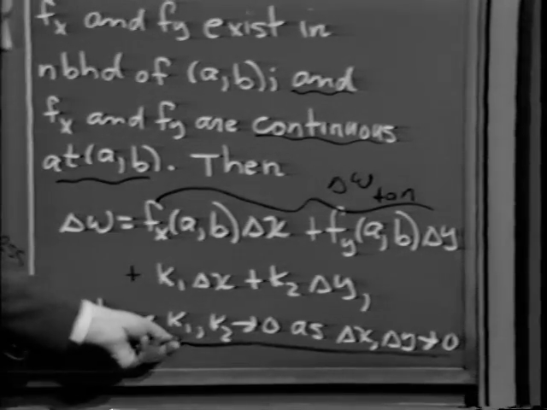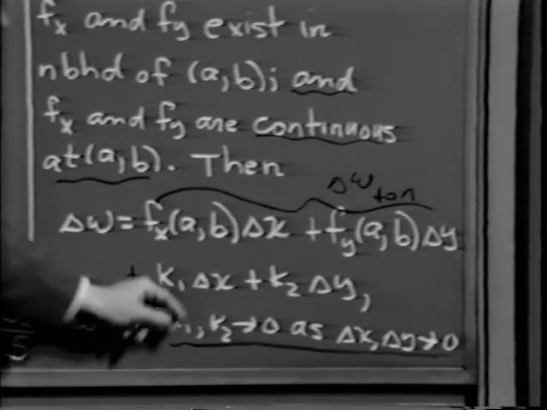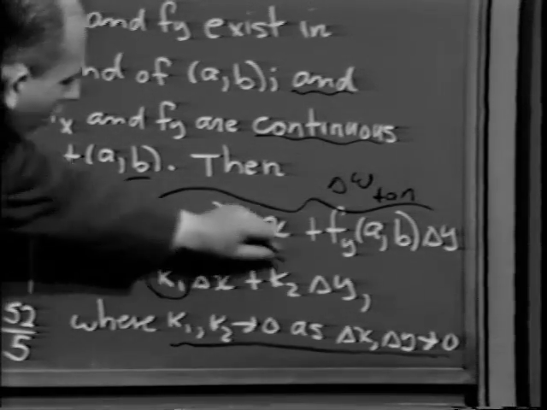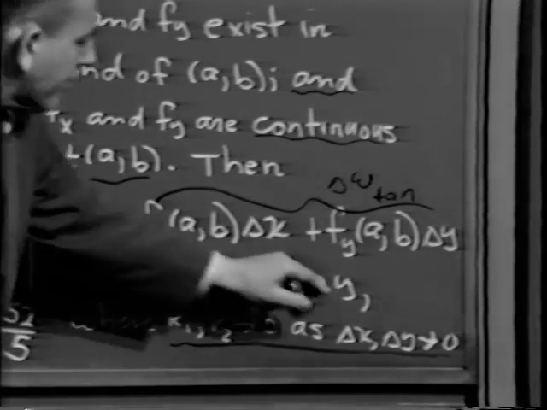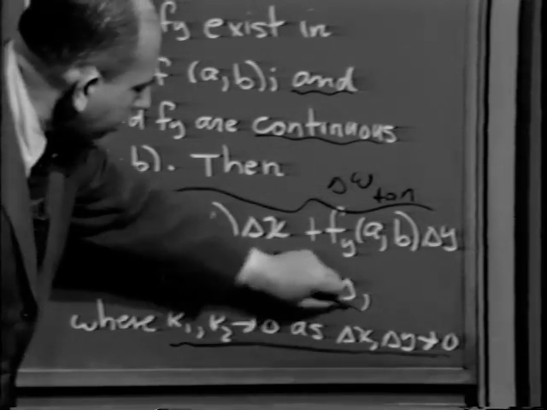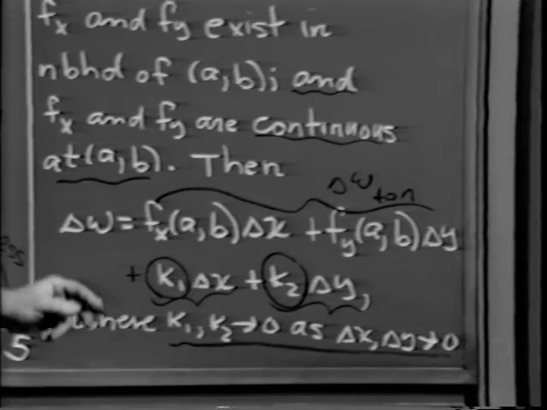And this is very, very crucial. It's not enough, as we're going to see in the very next lecture, that delta x and delta y approach 0. It's that these things go to 0 as delta x and delta y go to 0. Consequently, these terms go to 0 faster. They go to 0 as a second-order infinitesimal.